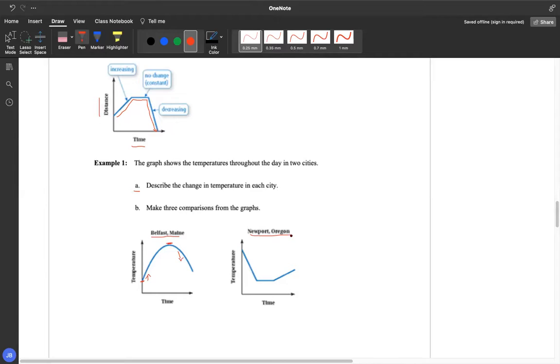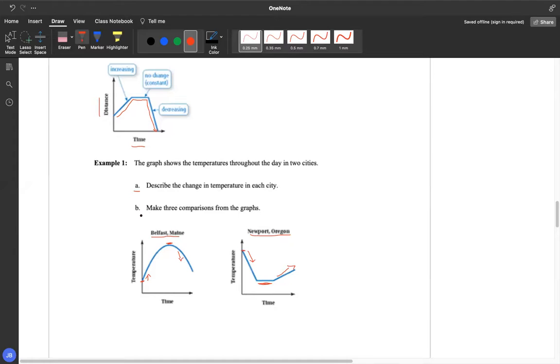In Newport, Oregon, the temperature starts high and then the temperature decreases probably at lunchtime or in the morning part. And then it is horizontal, so it's the same temperature after it decreases. And at the end of the day, the temperature increases again. Perfect. Great job, Alina. Thank you.